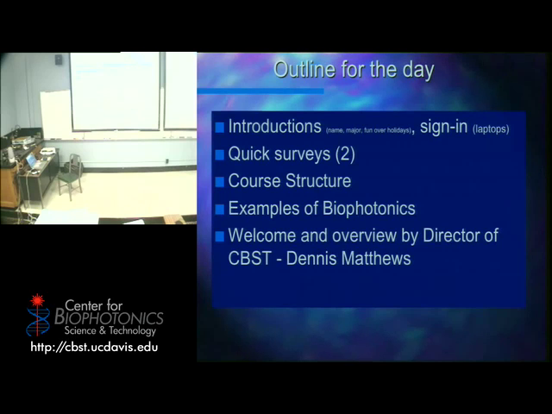Is there anyone who didn't get one? Are there extras? Yeah. So there are 14 items on this questionnaire, and you've got space to circle your responses to those.